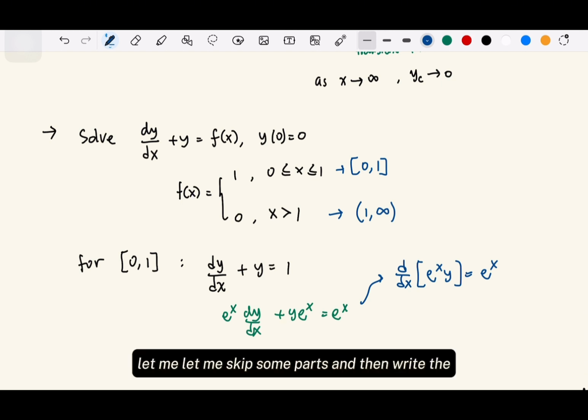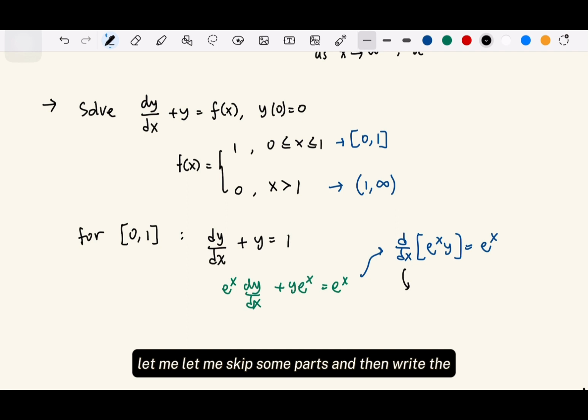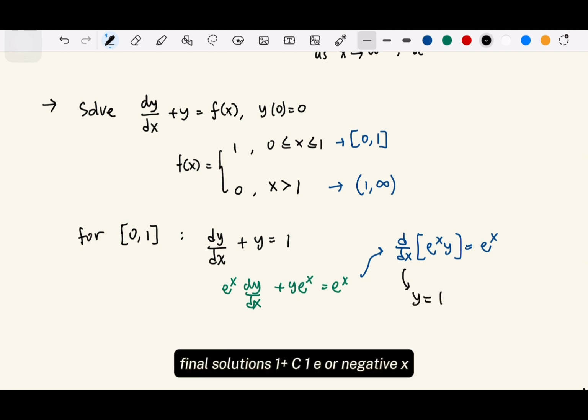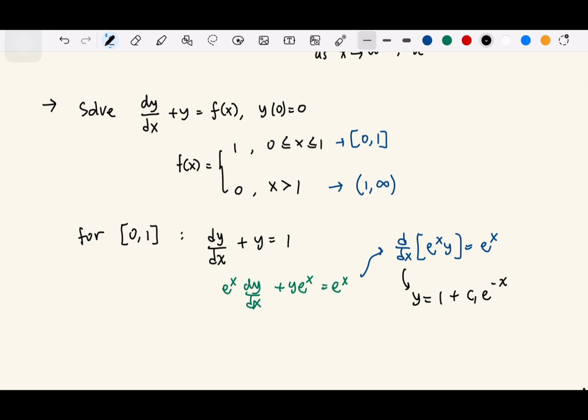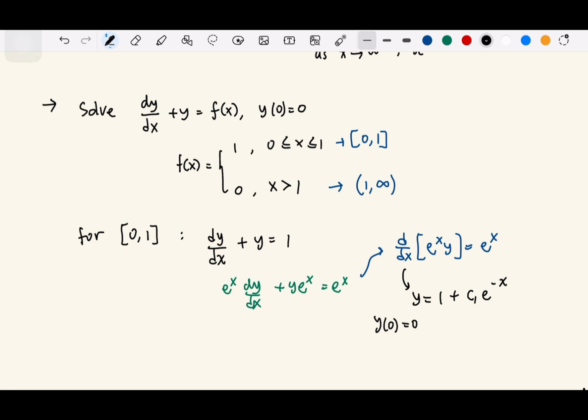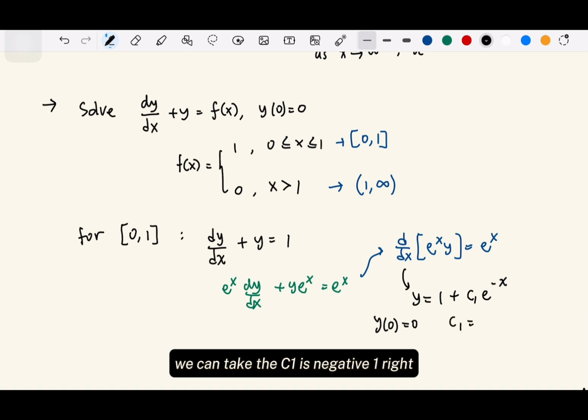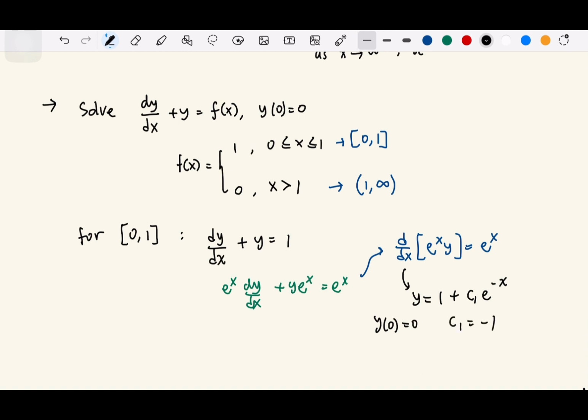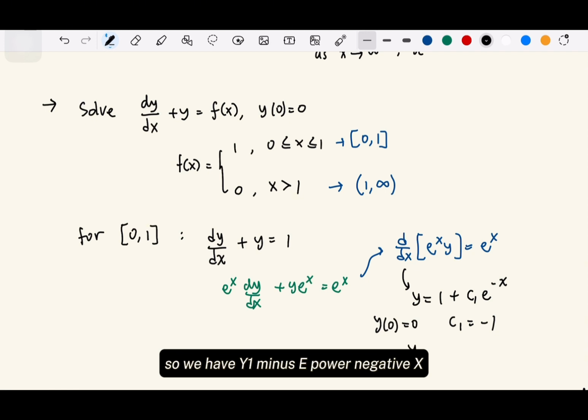Let me skip some parts and write the final solution: y equals 1 plus c1 e to the power negative x. Because we have the initial condition, we can take c1 as negative 1. So we have y equals 1 minus e to the power negative x.